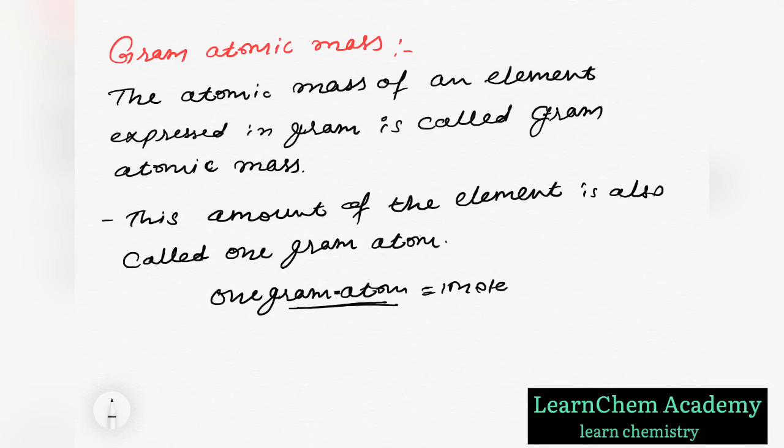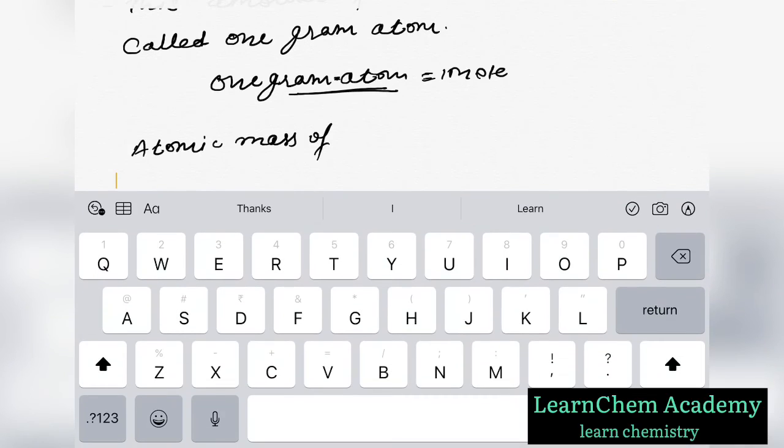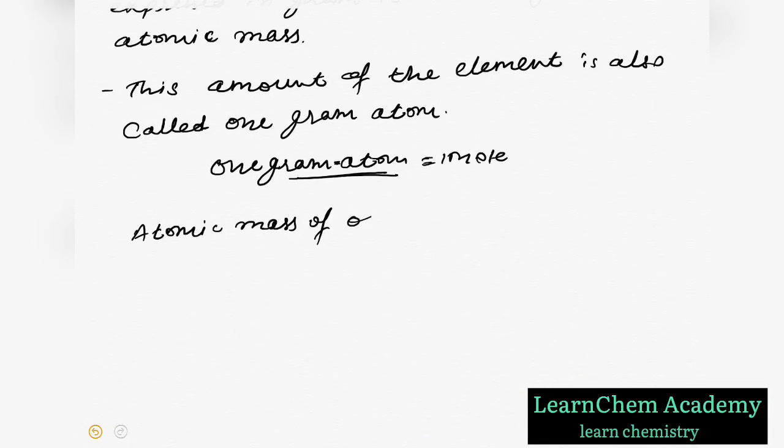Okay, so we can write here, the atomic mass of oxygen is 16 AMU. If this mass is expressed in gram, that is called gram atomic mass.